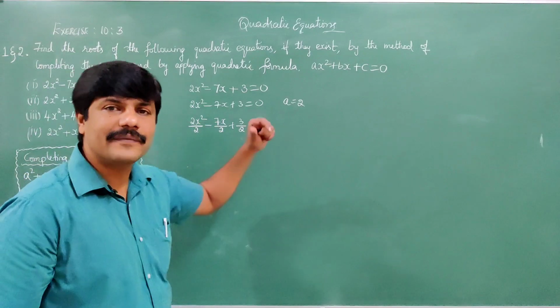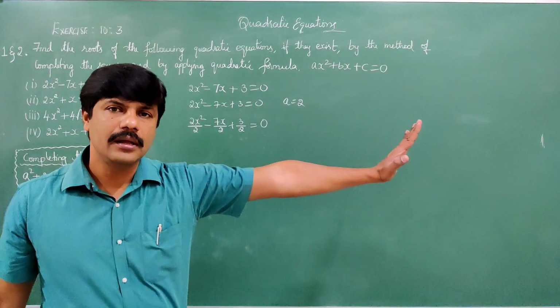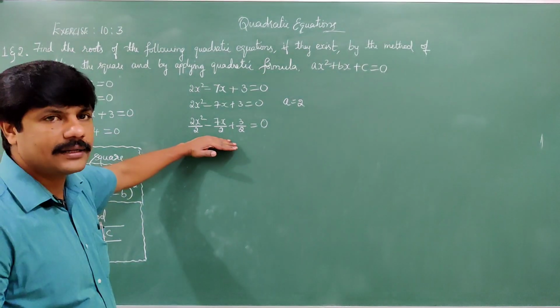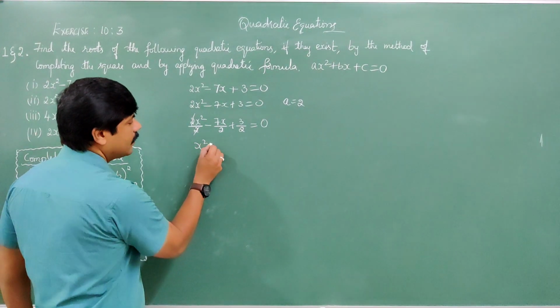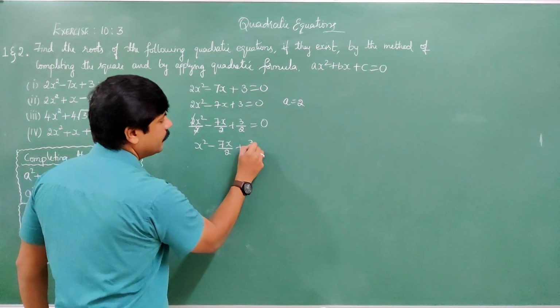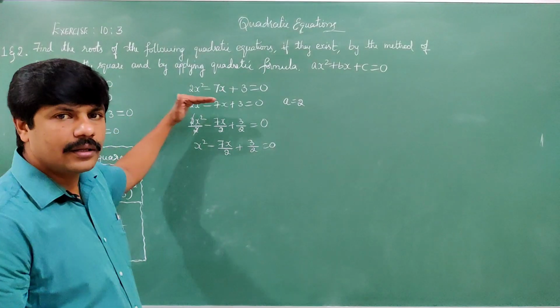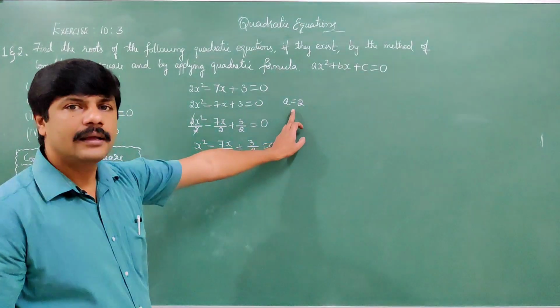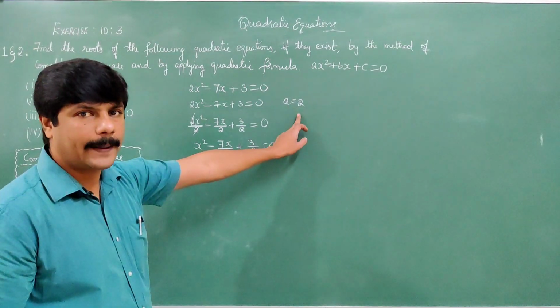So whatever the coefficient of x square is, with that term we have to divide the whole equation. Understand? 2 and 2 get cancelled. You get x square minus 7x by 2 plus 3 by 2, by dividing the whole equation by the x square coefficient, that is the value of a.